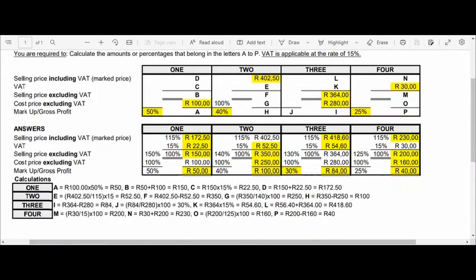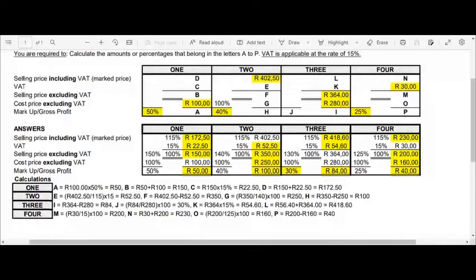So therefore, to calculate the O, what do we have to do? We have to take 100 over 125. Thank you, Sibusisu. Spot on. Multiplied by 200 rands, which is the selling price excluding the value added tax.